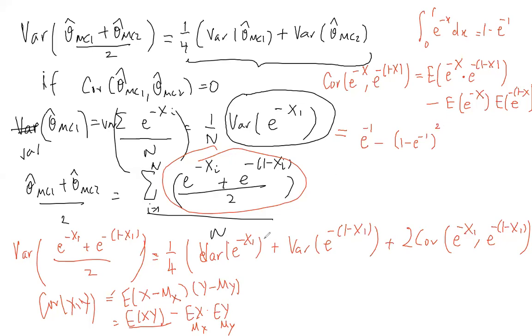Okay, and to find the variance, basically you just need to do the expectation of E of minus x squared. So that's E of E minus 2x, okay?